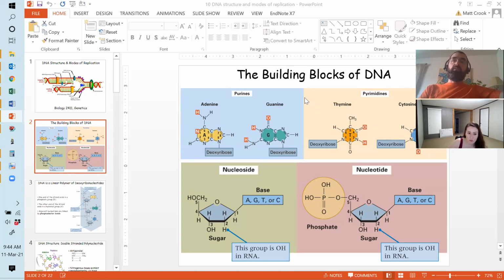But the reason why you don't have a guanine bonding with a thymine is because of these electronegative or electropositive areas on the base. Going back to GenBio 1 type stuff, this oxygen in guanine, for example, has a strong pull on the electrons it's sharing with the carbon, so it is ever so slightly negative, electronegative.